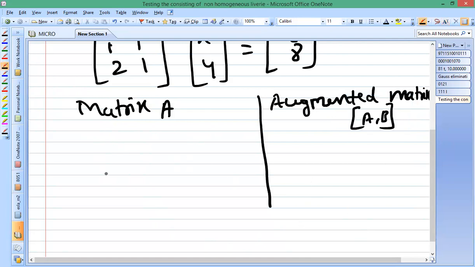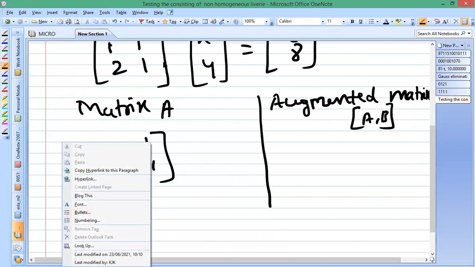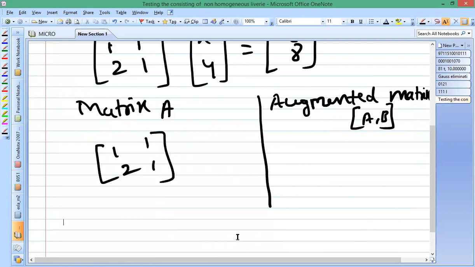Now consider the matrix A: 1, 1, 2, 1. Apply the elementary transformation. R2 can be replaced with R2 minus 2R1.